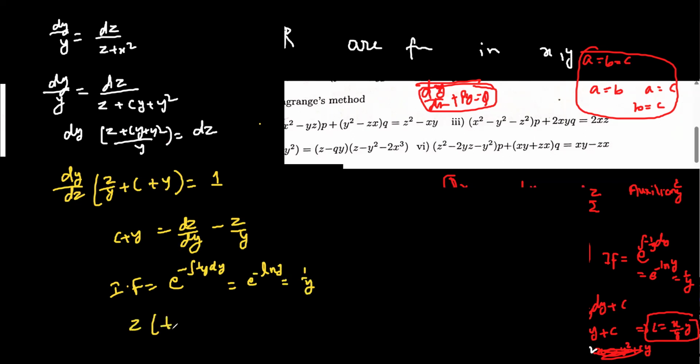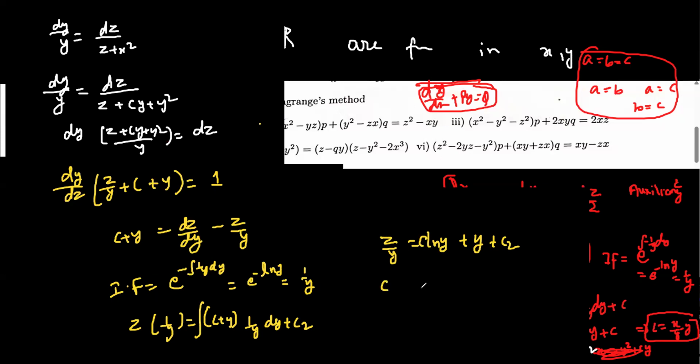z into IF is equal to integral of Q into IF dy plus C2. Let's suppose this is C2. So z upon y is equal to c ln y plus y plus C2. Understood? From here you got C2.